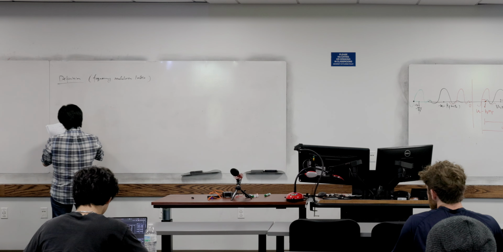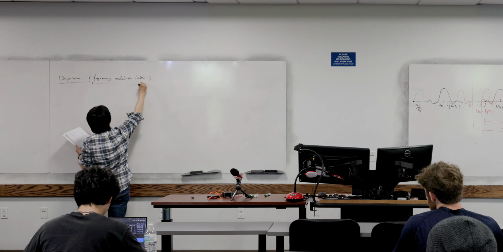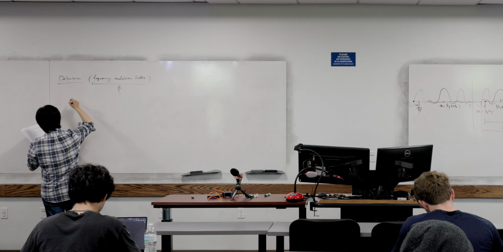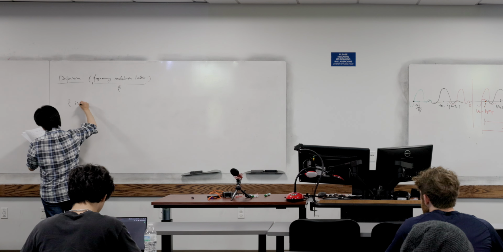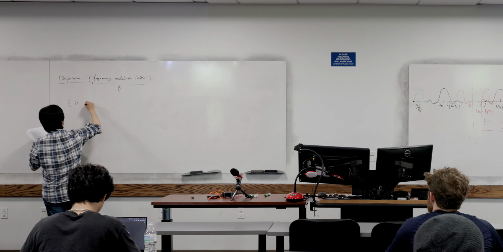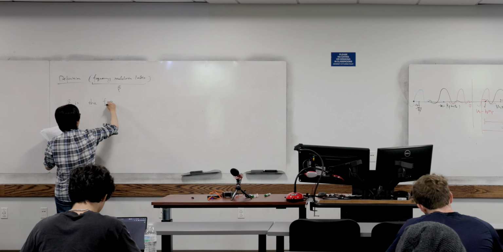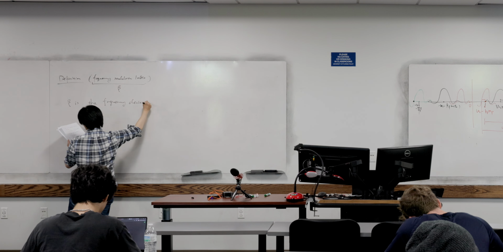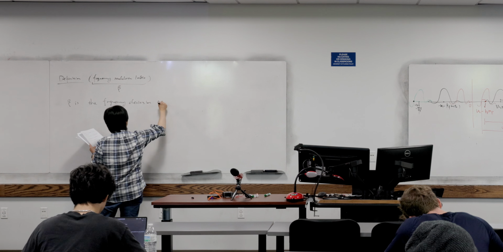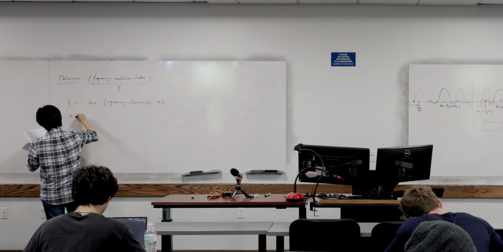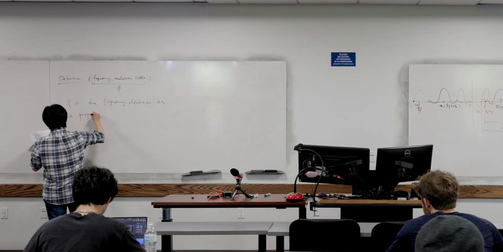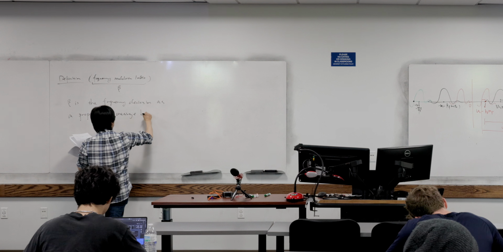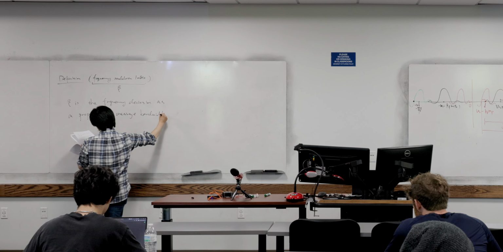Let me write it down. So the frequency modulation index, we denote it by beta. Basically, this beta is the frequency deviation as a proportion of message bandwidth.